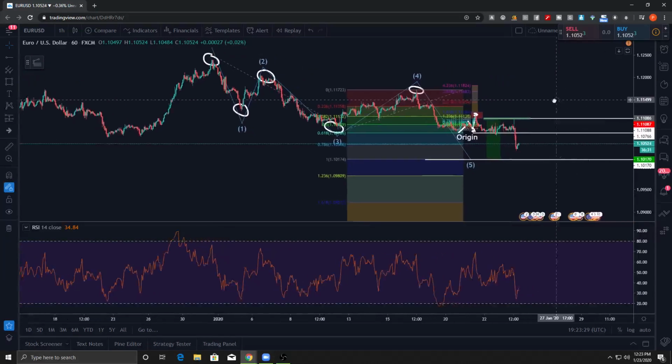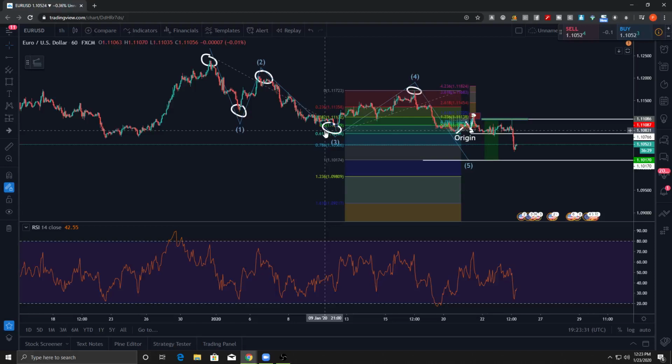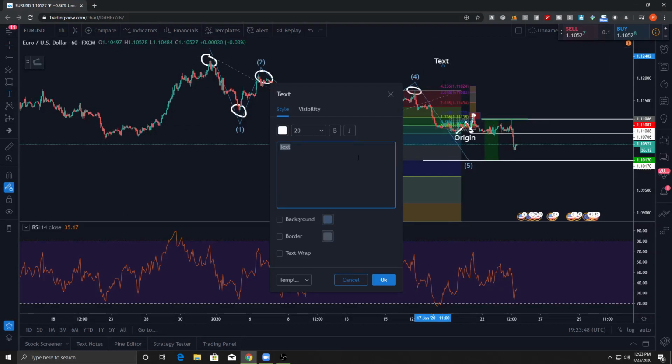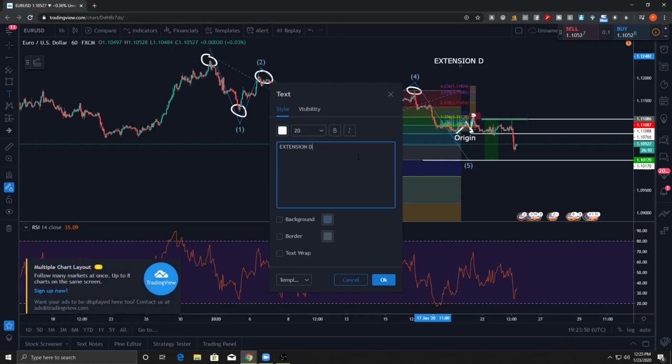So again, this is a textbook example of the type of trades that I like to teach. This is what we call, in my textbook and in my training, an extension dip trade. So if you want to know the terminology, this is called an extension dip trade.